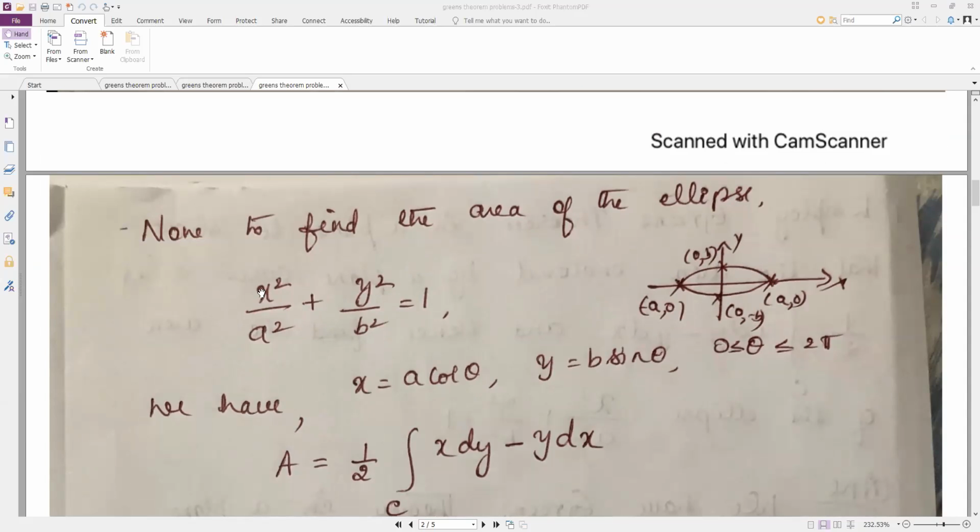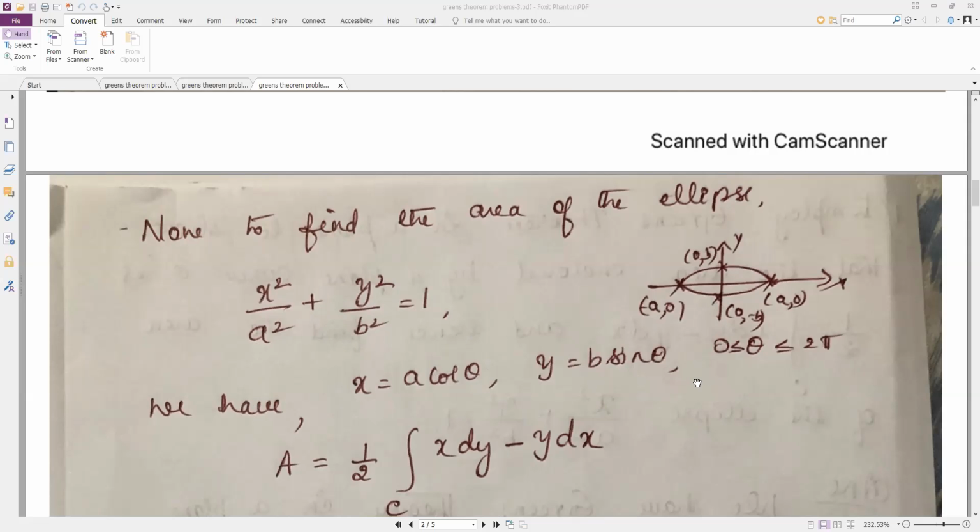When you put x equal to a cos theta, a square, do you get cos square theta? When you put y as b sin theta, b square, do you get sin square theta? So what is cos square theta plus sin square theta? Is it 1? So these are the parametric equations of the ellipse. If you want, you can check it. Just put x and y here, you will get the answer as 1.